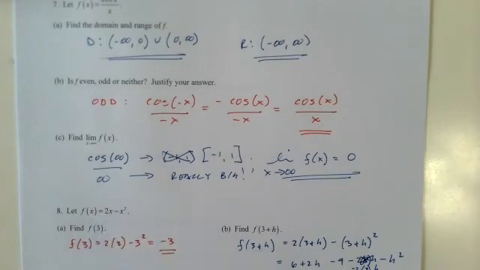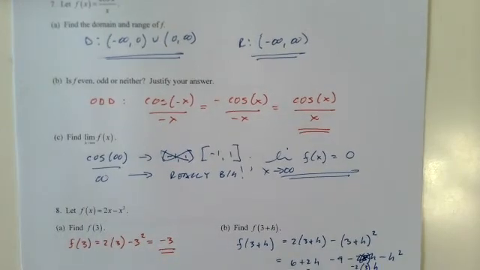The derivative is 2 minus 2x. Plug in 3: 2 times 3 is 6, 2 minus 6 is negative 4.